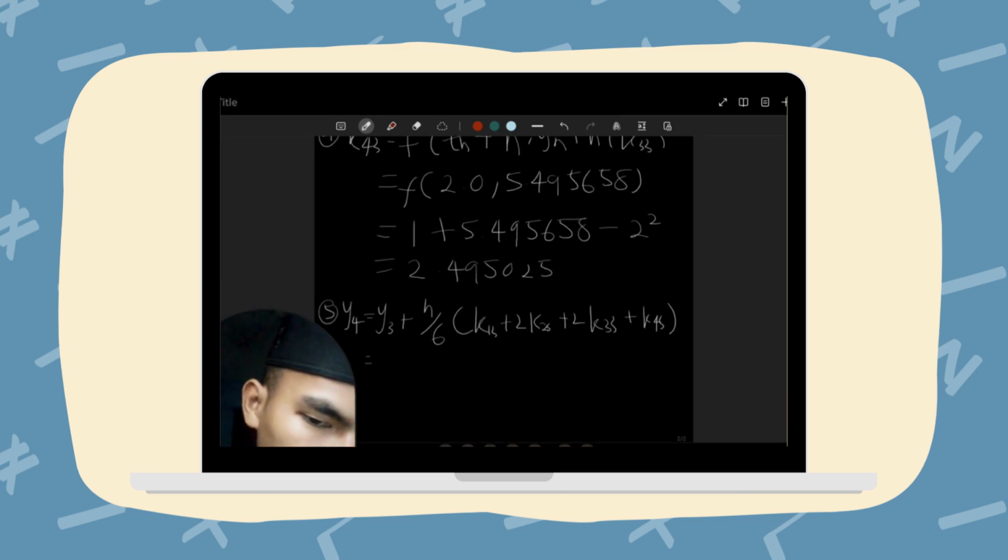Now y3: 4.120020 plus 0.5 divided by 6 of k30, 2.870030 plus 2 multiplied by 2.77525 plus 2 multiplied by 2.751276 plus 2.495658 here.